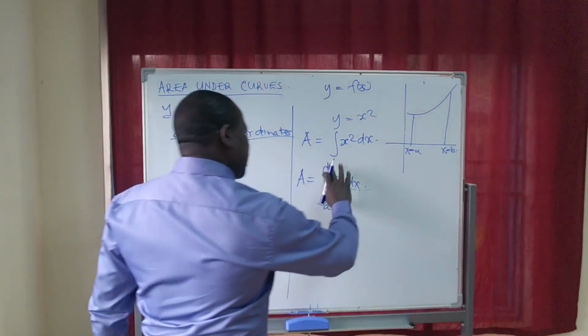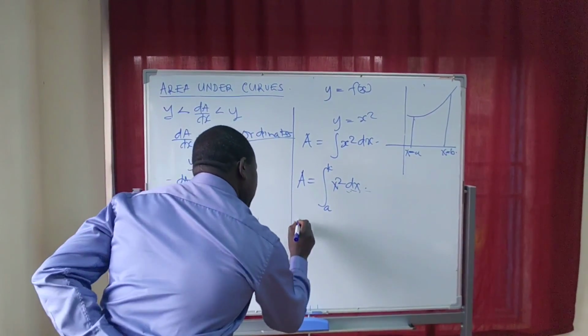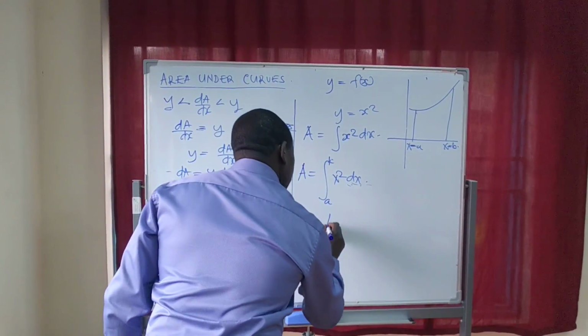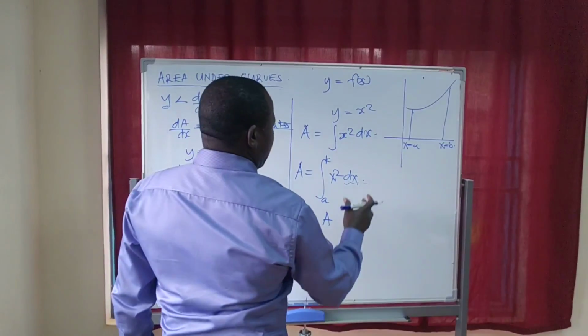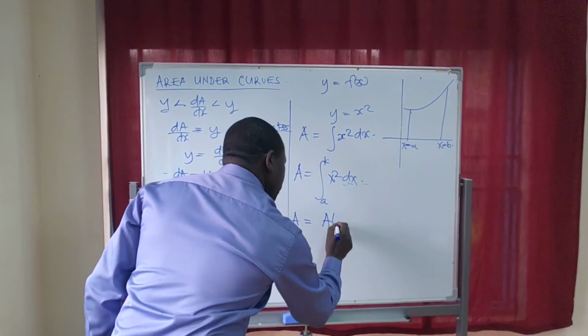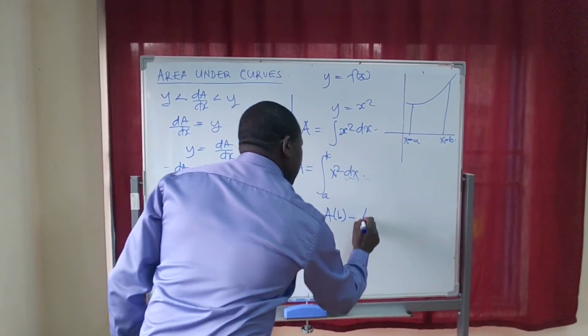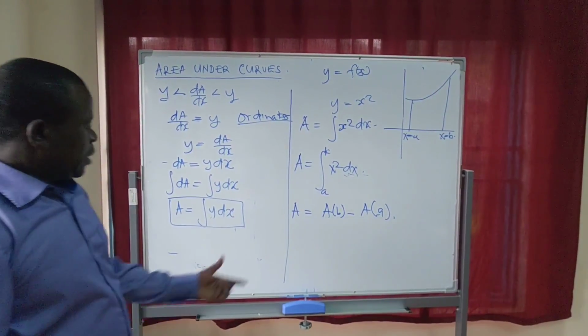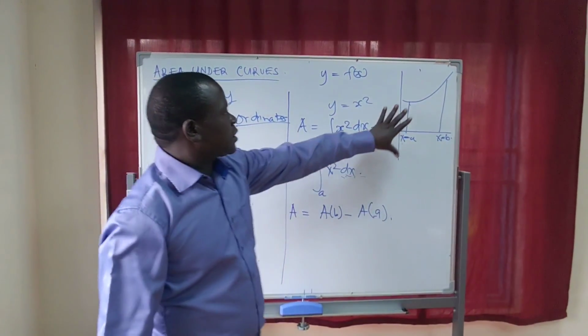If I'm to find the area of this curve, area A will become the area when I put in the value of the upper limit, B, minus the area of ordinate A. So by doing this, I will find the area under this curve.